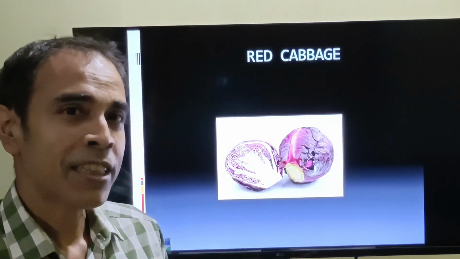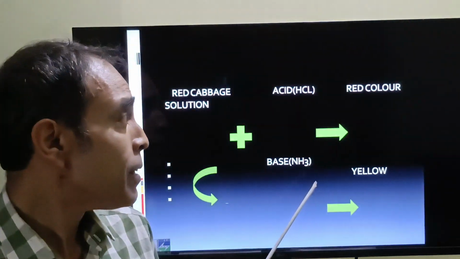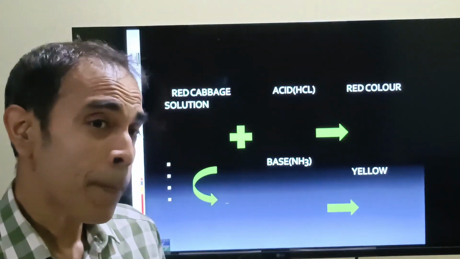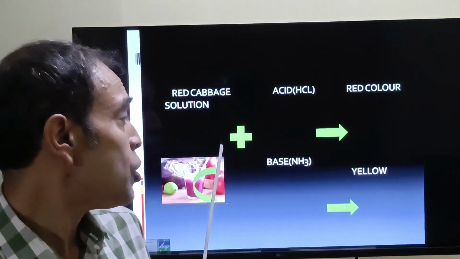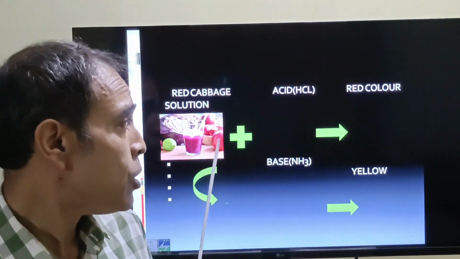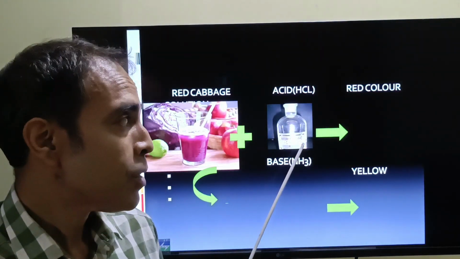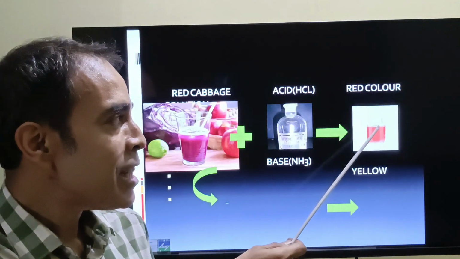The third natural indicator is red cabbage. We take cabbage as a food item. So this is a red cabbage. Now how does it act as an indicator? When you make a solution of red cabbage and put it in an acidic solution like hydrochloric acid, it changes to red color.